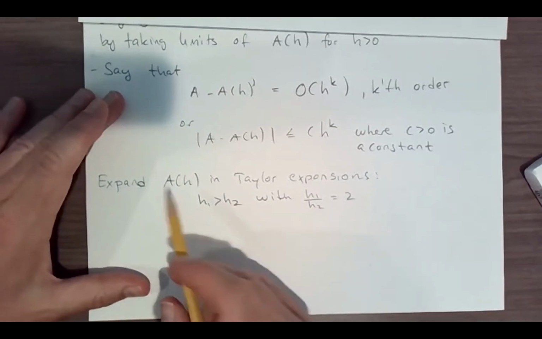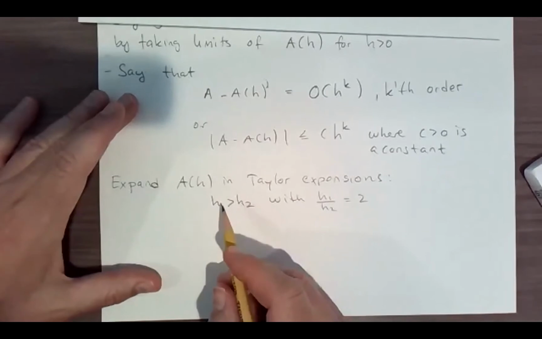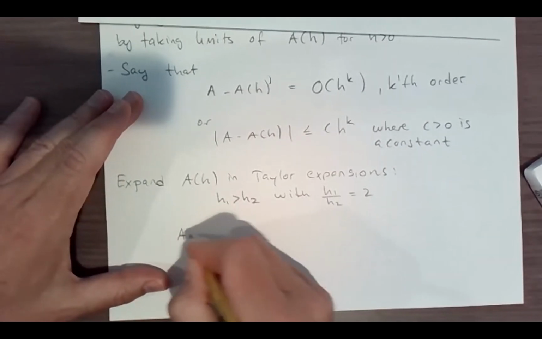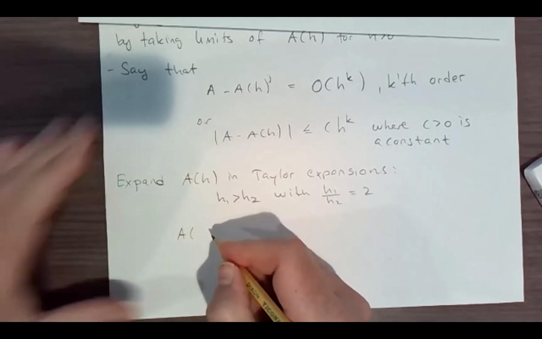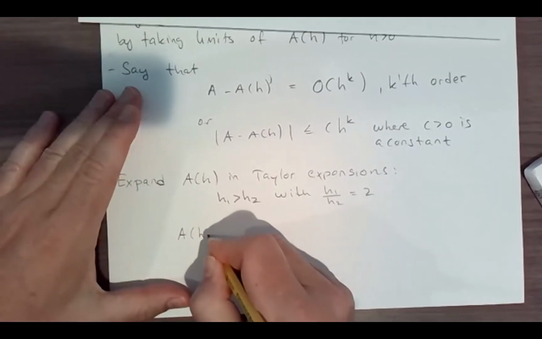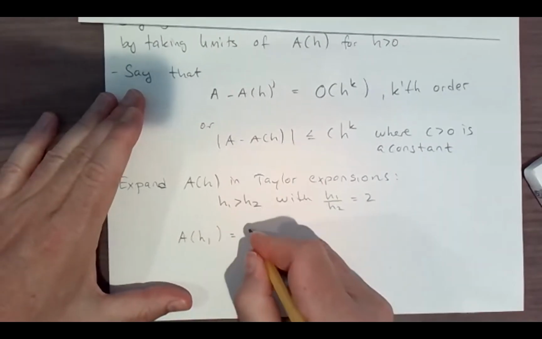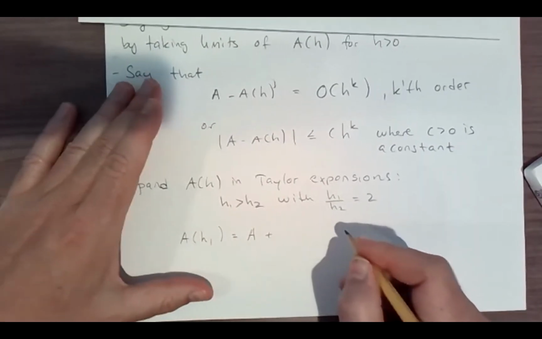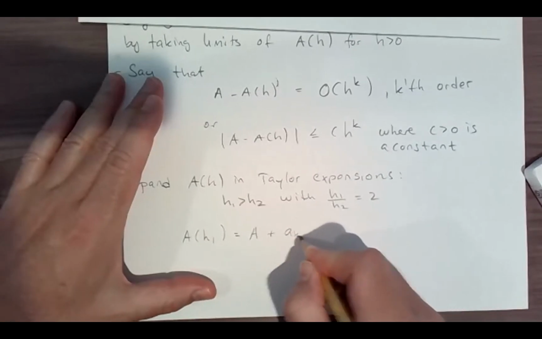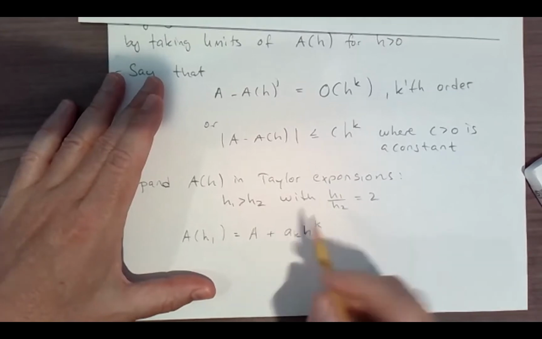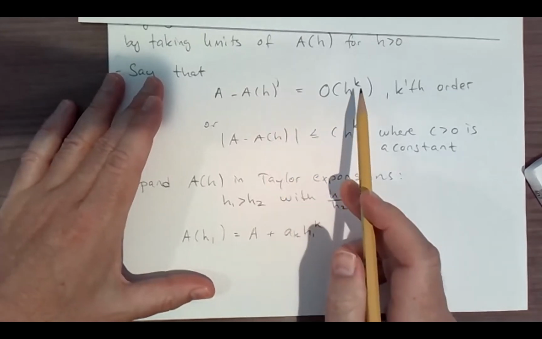So what will we do? If we expand this, then we will have A of H1, say. This would be the correct point. And then there'll be a coefficient AK, and then it'll be H1 to the power K. Right, that was because we had a K up here.